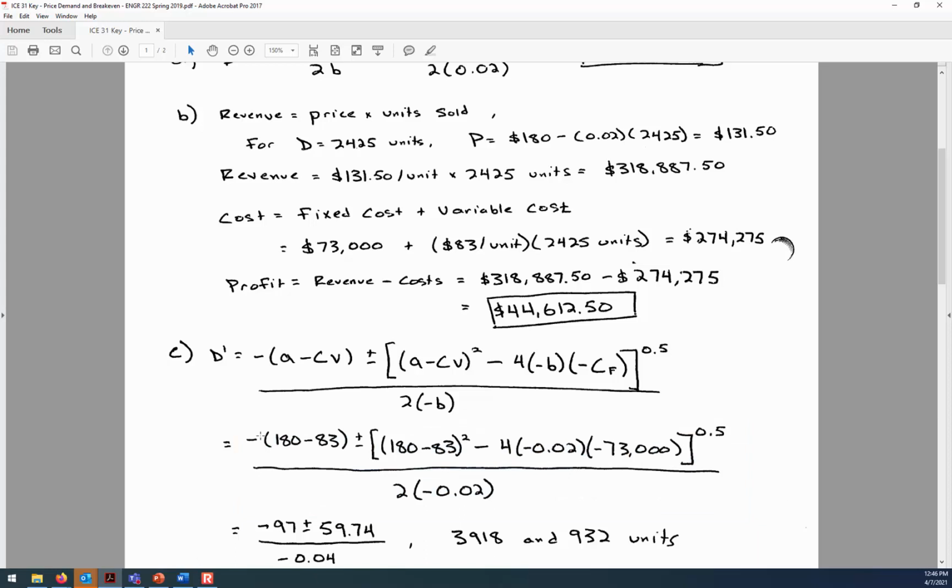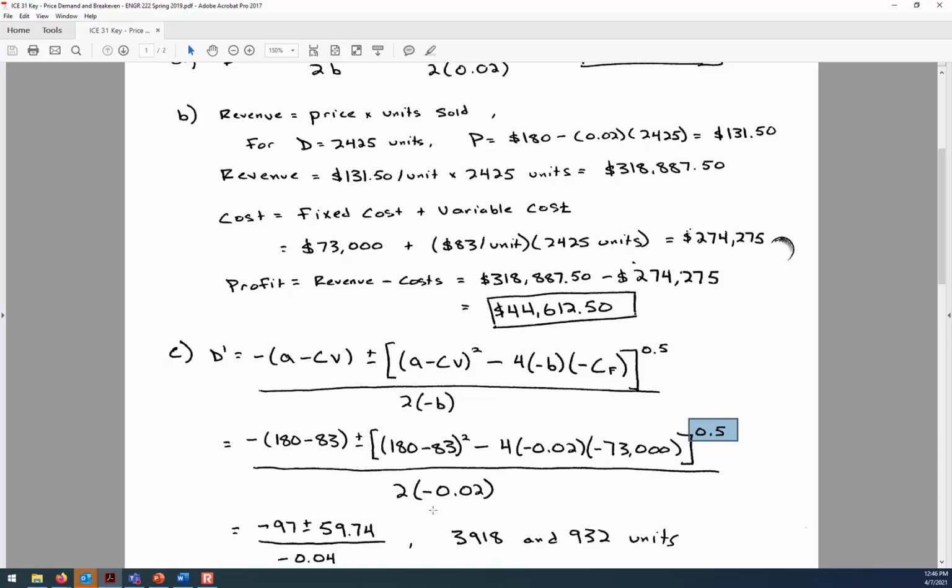So you can see, for instance, here I've got the 180 minus 83, and that's negative 97 because of the minus sign in front there. And in the denominator, I've multiplied the 2 by the negative 0.02. And then the entirety of what's inside the brackets, once you take it to the 1/2 power, which is easy to forget, so don't do that, plus or minus 59.75 and 74.